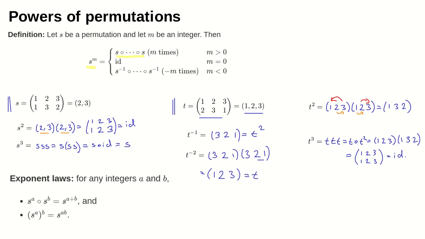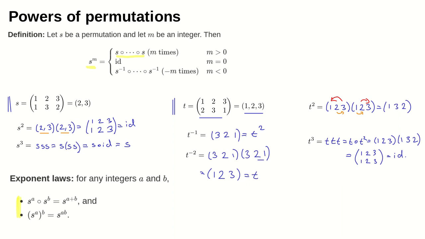Another way in which powers of permutations are similar to powers of real numbers is that it's actually quite easy to prove, just using the definition I've written of the power of a permutation, that the ordinary exponent laws for taking powers of real numbers are also true for powers of permutations.